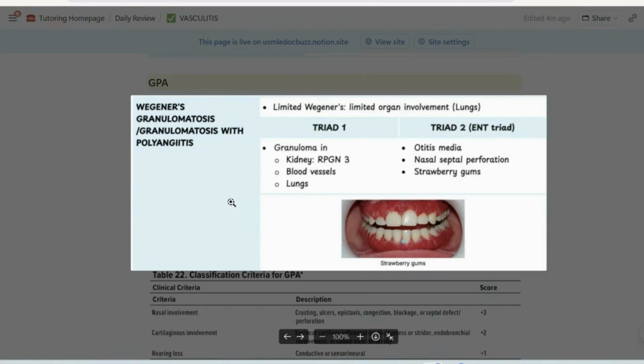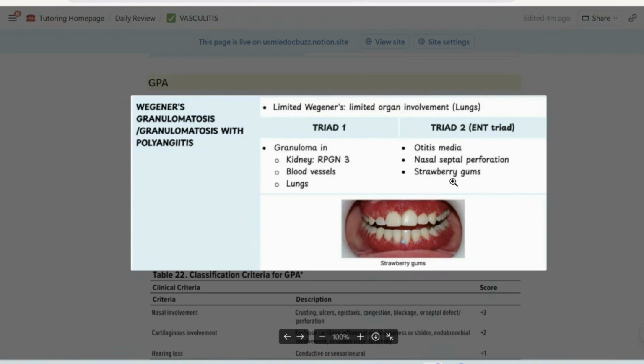Okay, so kidney, blood vessels, and lung. Okay, then comes triad two, which is ENT related. Okay, so otitis media, nasal septal perforation, and strawberry gums. So you see most of the involvement is limited in the lung sense, but it's more upper respiratory than anything, more of the nose and the mouth.